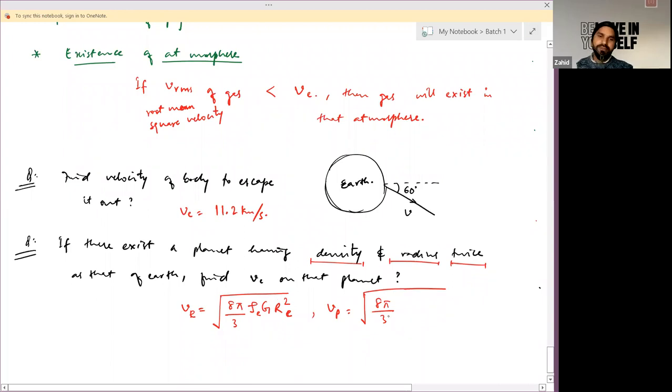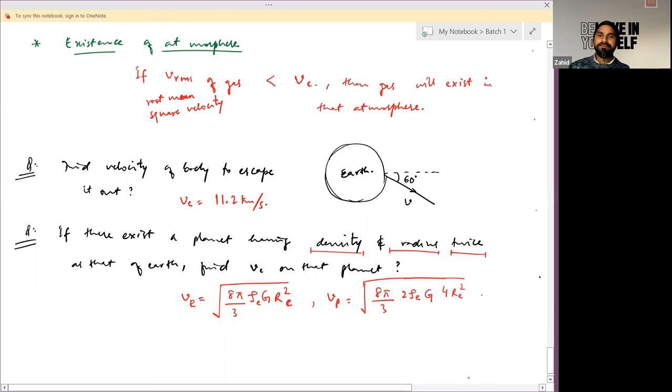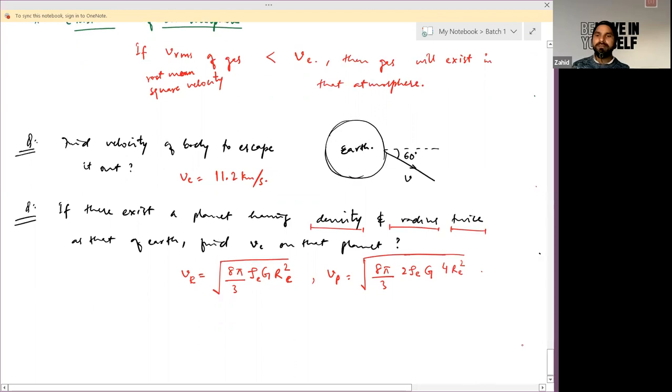Density is twice that of Earth, so it will be 2 times rho of Earth times G, and radius is also twice that of Earth, so on squaring, it will become 4 times R E squared. Is it clear? Yes, sir.